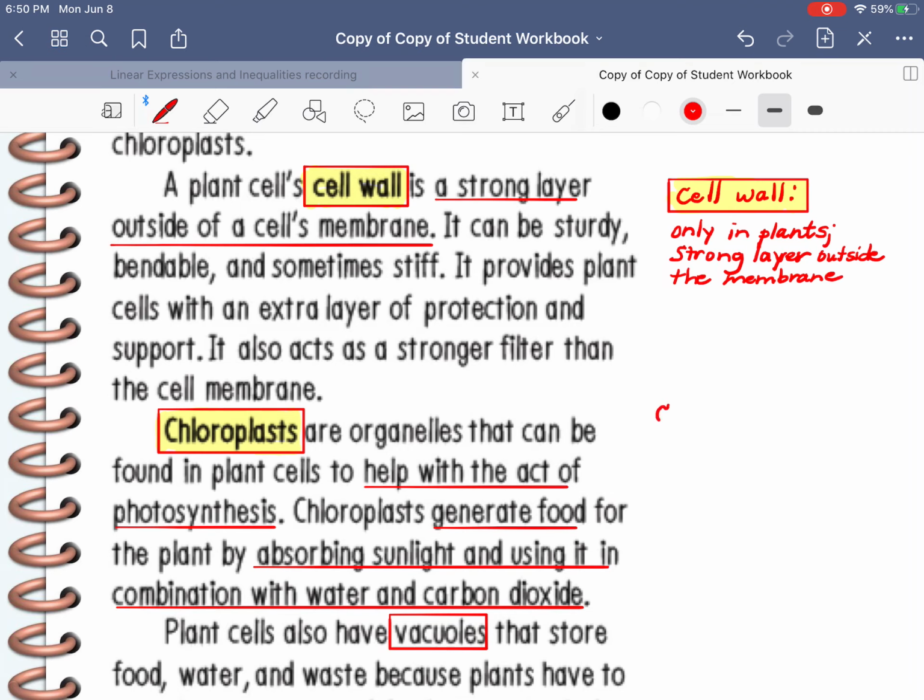So we're going to shorten this a little bit. Chloroplasts, they're structures that help plants make food. That's their job.